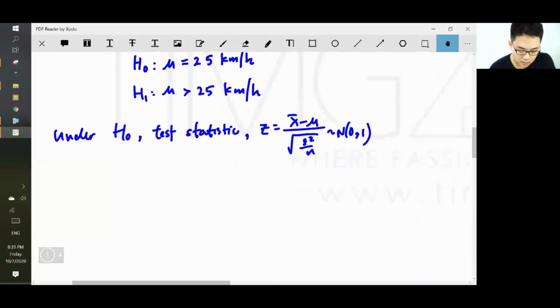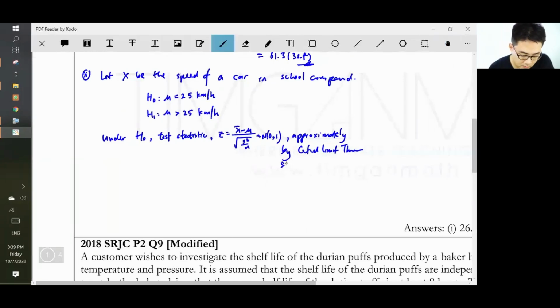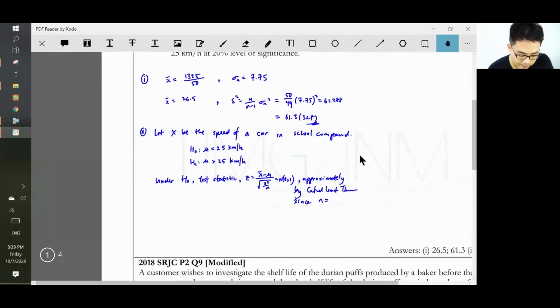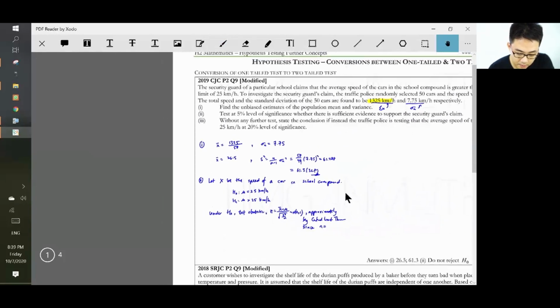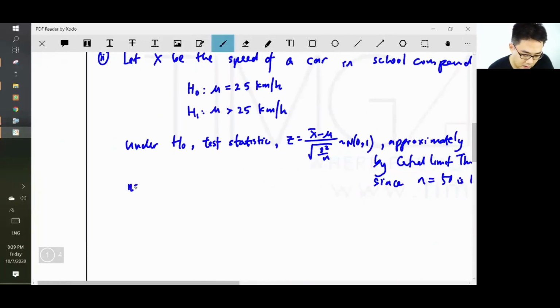X bar is approximately normal by the central limit theorem since n is large. How many cars are there? 50. So n equals 50, x bar is 26.5, s squared equals 61.288, alpha equals 5%.